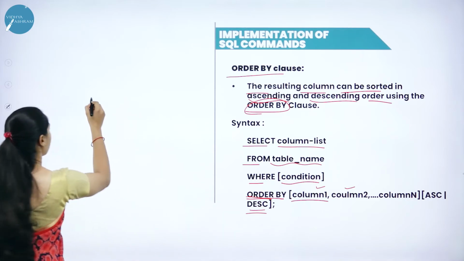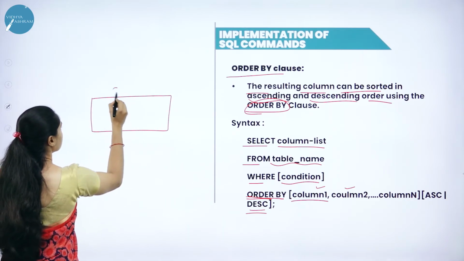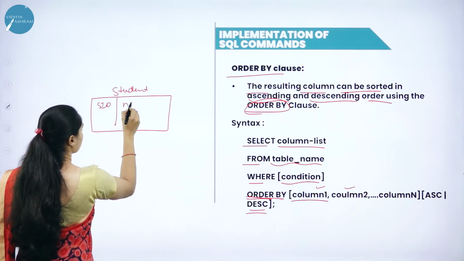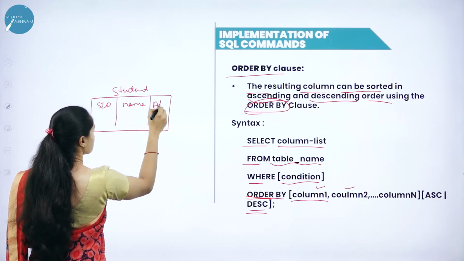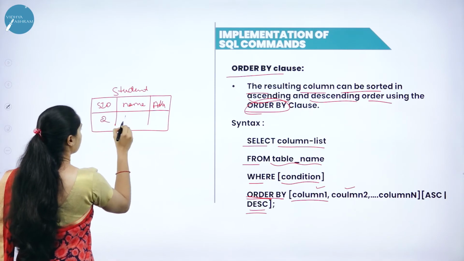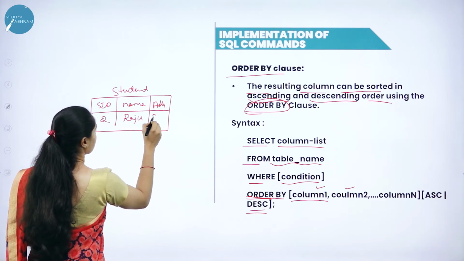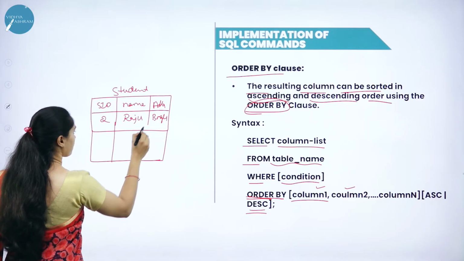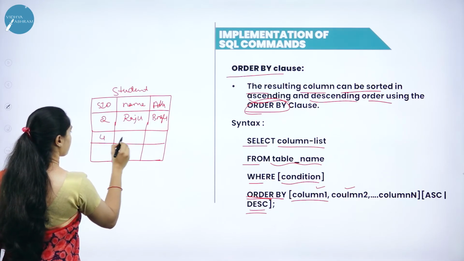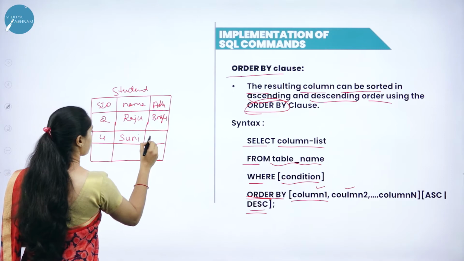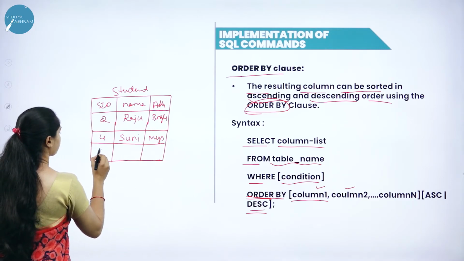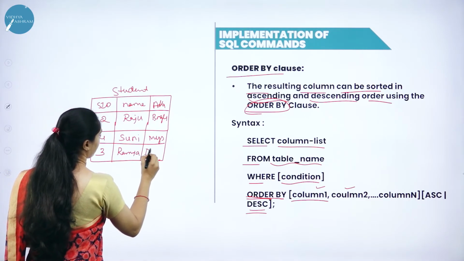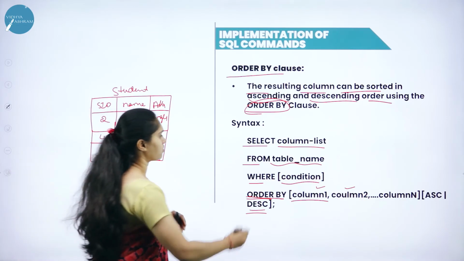So you can see that, consider I have a student table with student ID, name and address. Okay, so now SELECT column list.